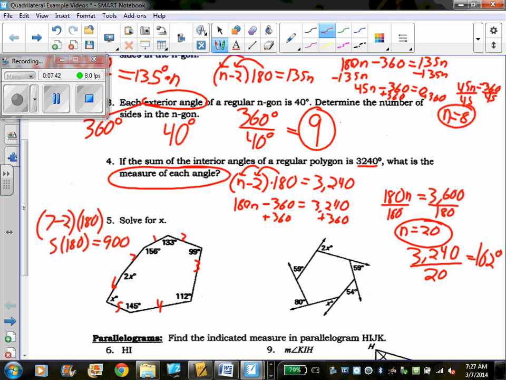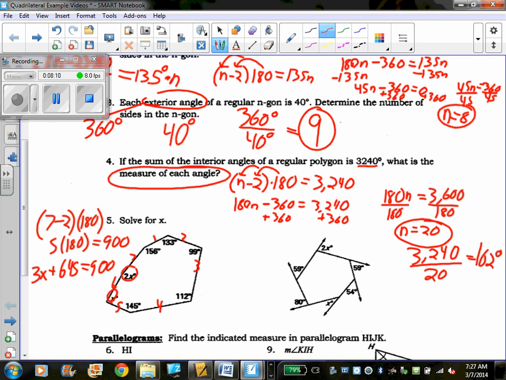So we know that part of the angle measures are this x and this 2x. Those add up to 3x. And then let's add up all the other numbers. So we have 156 plus 133 plus 99 plus 112 plus 145. Those all add up to 645. And those angles altogether add up to 900.